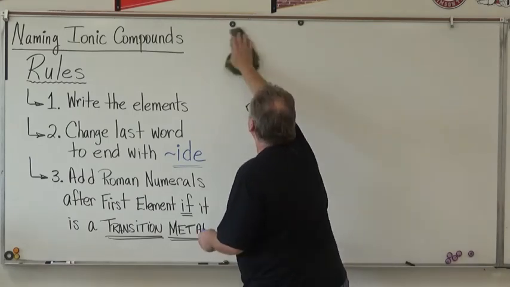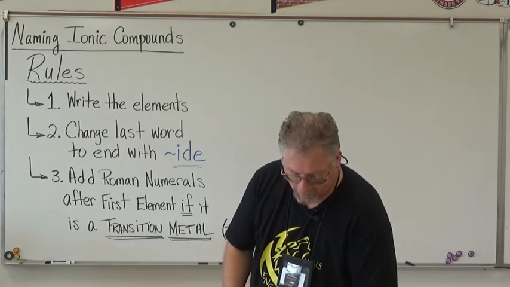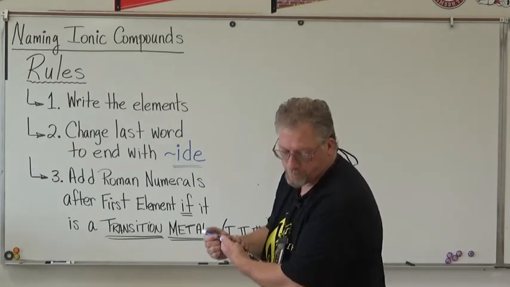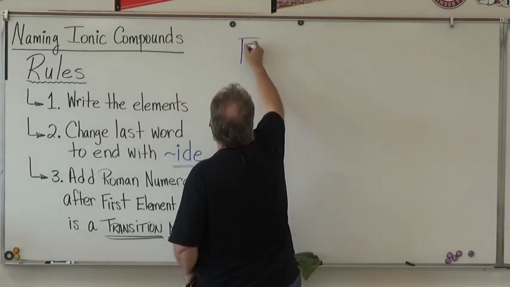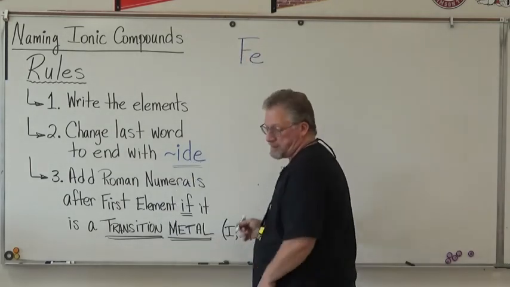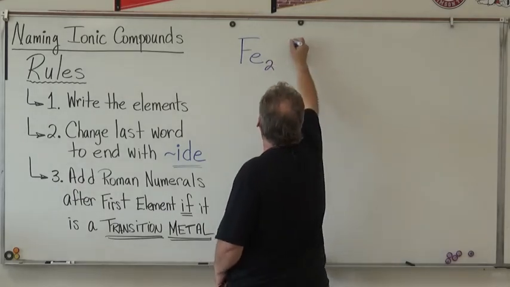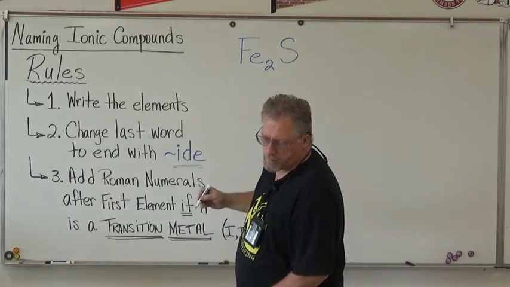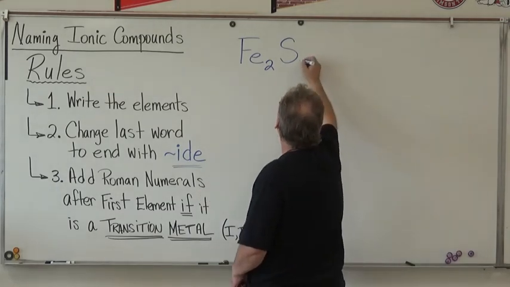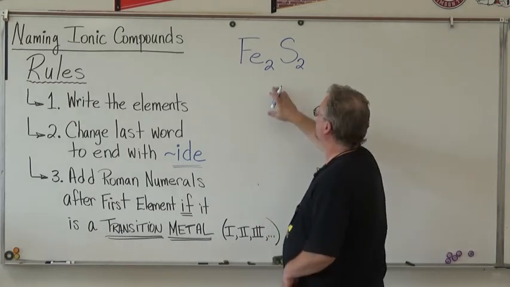Let's try a couple more of those. So you get the idea how to do it. All right, let's try another one. Let's try iron. Oh, actually, this would be this way.